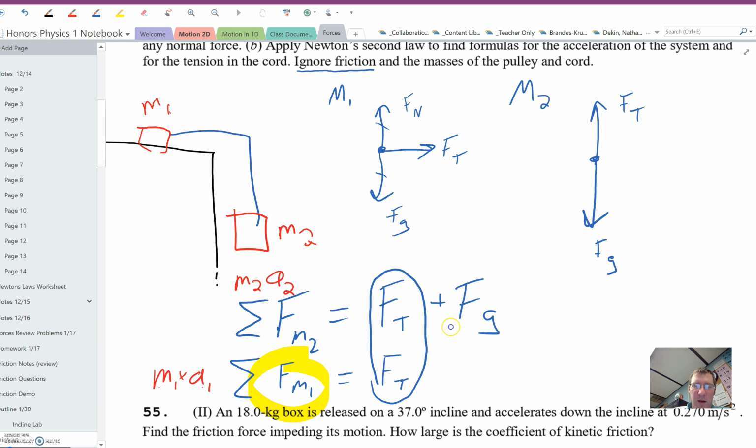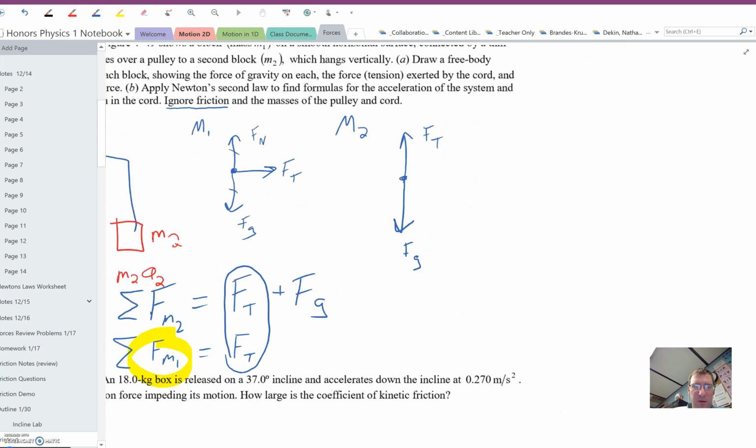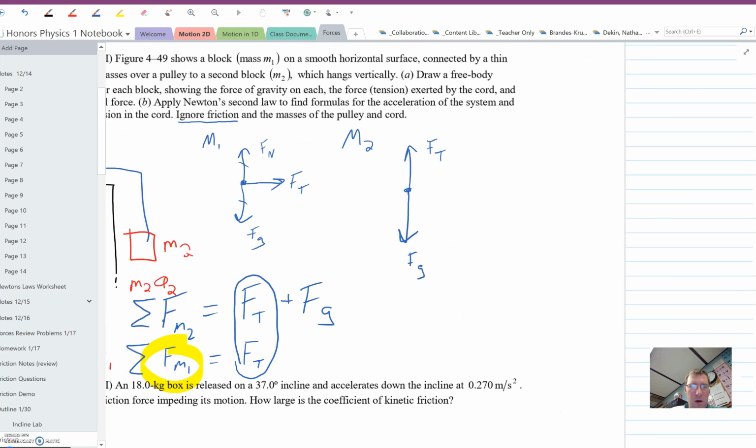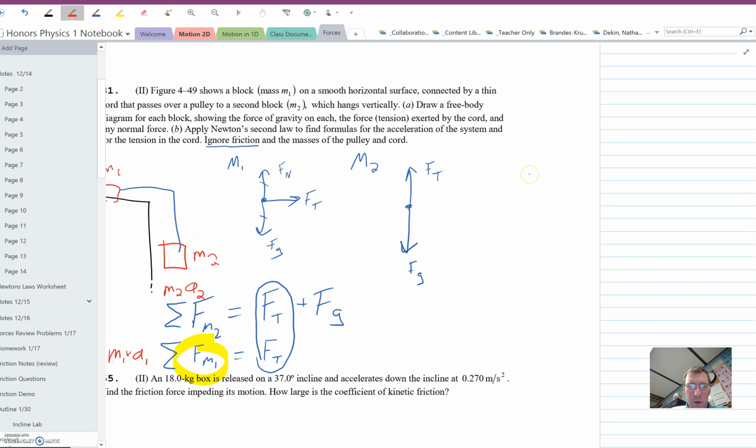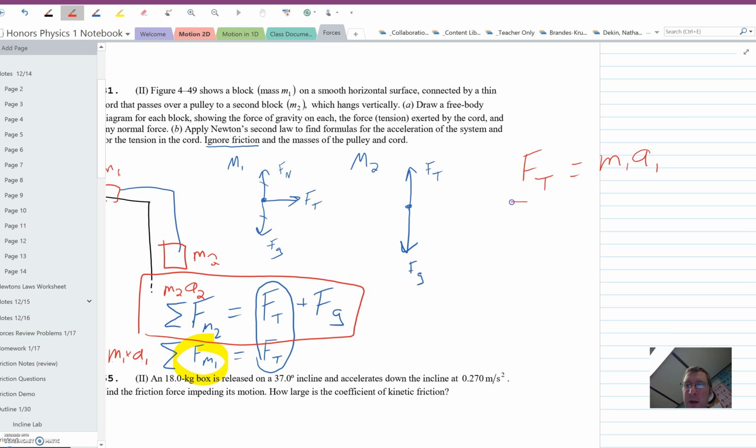Let's see if we can rewrite this in terms of tension first. So tension is equal to mass 1, acceleration 1. So that's a good start. Now we'll write our equation for right here. We can substitute in this part for tension though. Same rope, same tension.